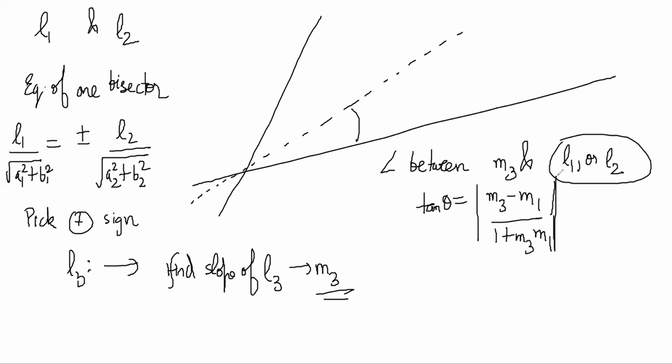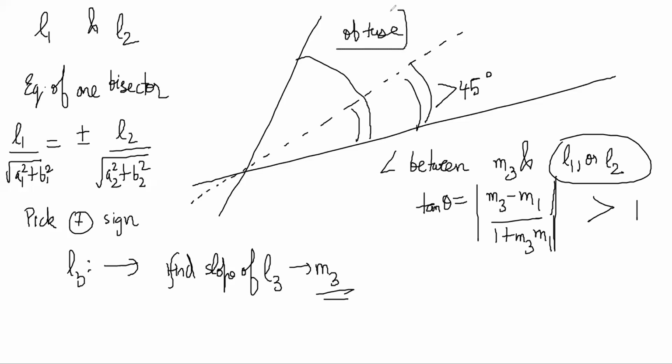If this tan theta is greater than 1, that means this angle is greater than 45. That means this angle was obtuse, right? If tan theta was less than 1, then this angle was less than 45. Then the overall angle is less than 90. So it was acute.